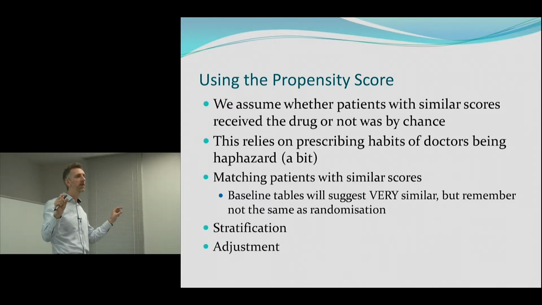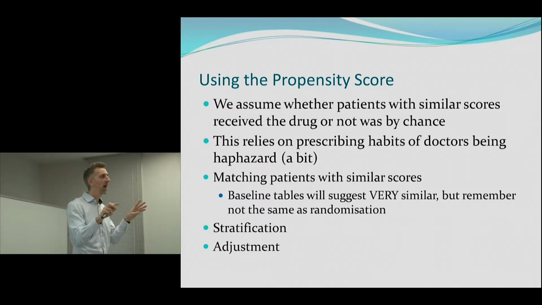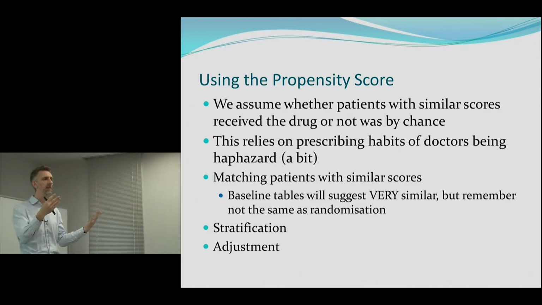So for everybody with a score of 0.8, we assume that everything else about them is equal. Yeah? Some of them got the treatment, some of them did not get the treatment. But if I could just compare everybody with a score of 0.8, I should get an answer that's free from confounding, because those two groups of people, treated and untreated, with a score of 0.8 should be very similar to each other. Yeah?